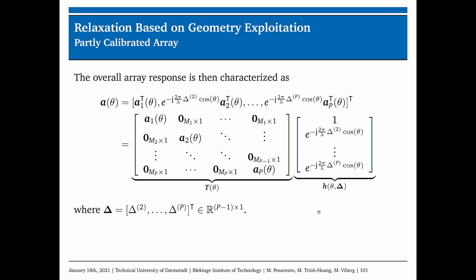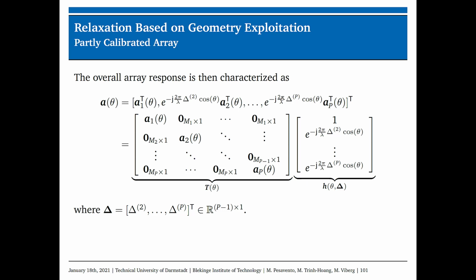The overall steering vector of the array can then be written as a concatenation of subarray steering vectors of all subarrays, where each subarray steering vector is multiplied with a phase rotation term to account for the displacement of the subarray, or if you want, the phase reference, the displacement of the phase reference sensor.